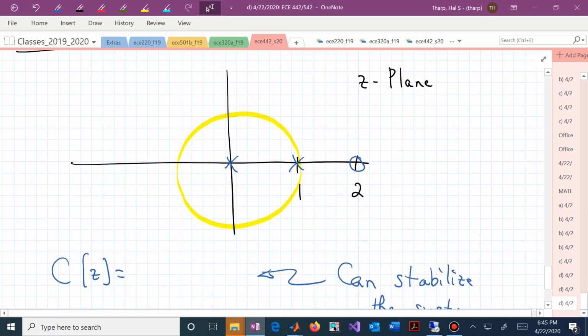Can we stabilize this system? What would be a way to stabilize this system? Well, the last time we found that, oh, if we put an unstable controller in, that helped. But in this case, we now are stuck between wherever that pole is and that 0. So that's not going to work.